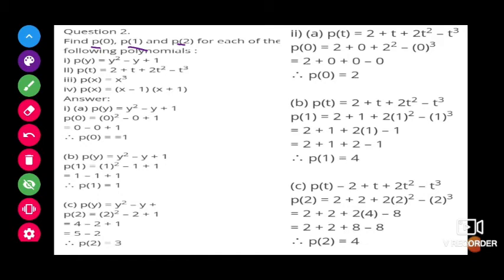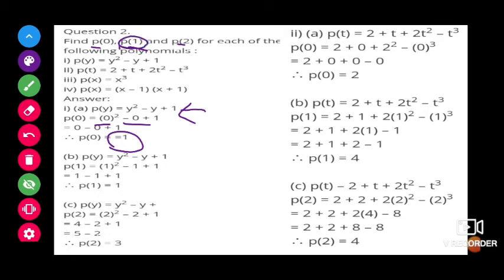The first one is P of y is equal to y square minus y plus 1. So for P of 0, the y value should be 0. So substitute y square means 0 square minus y. Next, I am going to find P of 1.